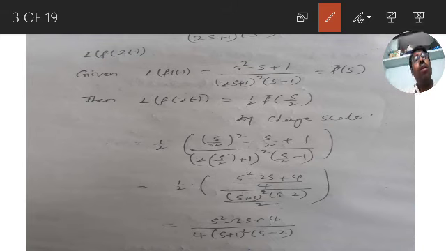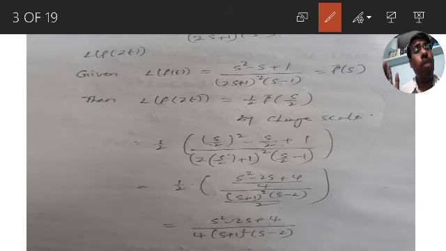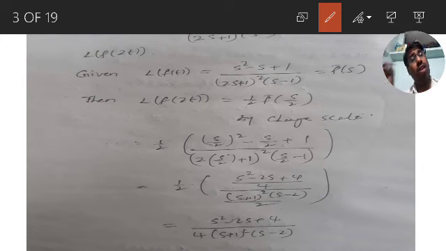Now what is asked? L of f of 2t. Instead of t there is 2t, that is multiplied by 2, meaning there is a change in scale. That's why the problem comes under change of scale property. Very easy to identify the problem. Nothing else is there in the problem.